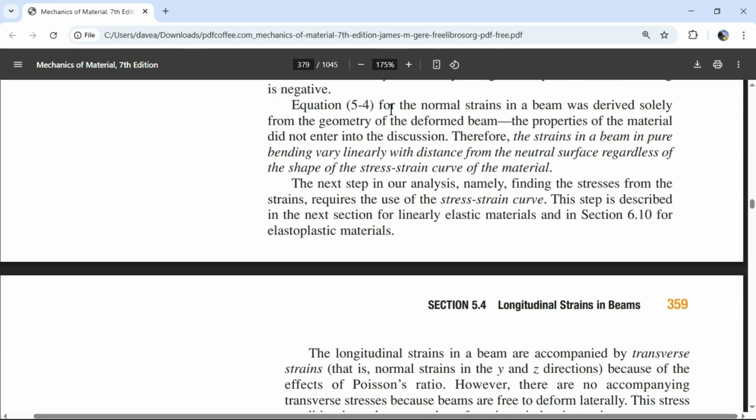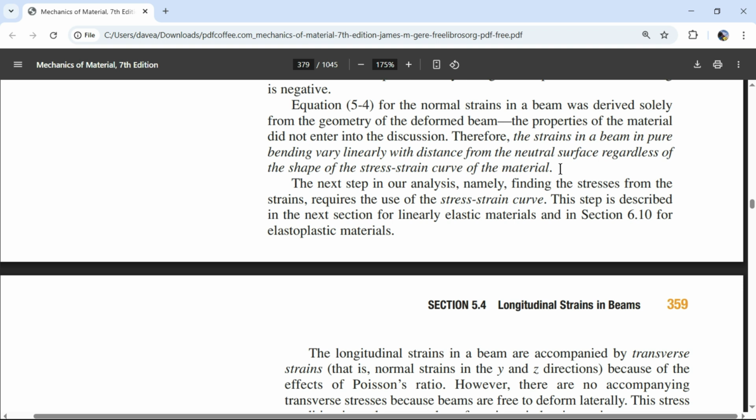So equation 5.4 for the normal strains in a beam was derived solely from geometry of the deformed beam. The properties of the material did not enter into the discussion. Therefore, the strains in a beam in pure bending vary linearly with distance from the neutral surface, regardless of the shape of the stress-strain curve of the material.